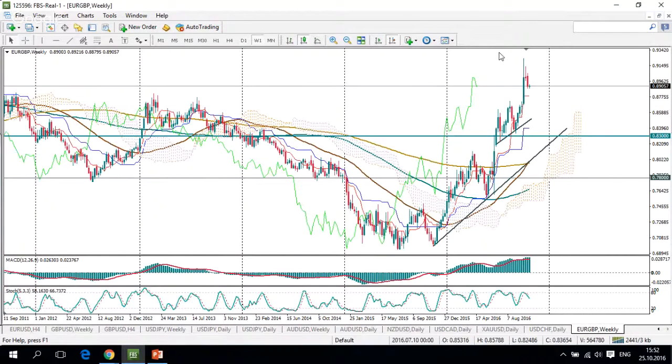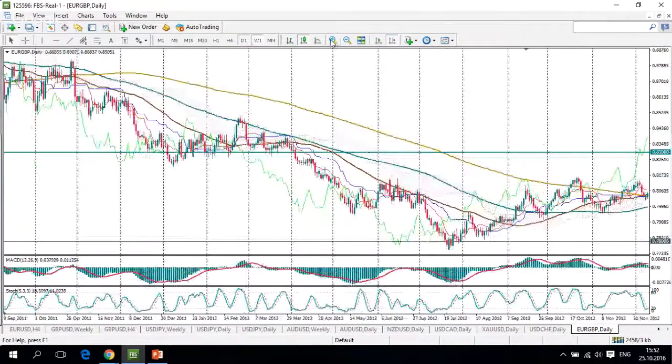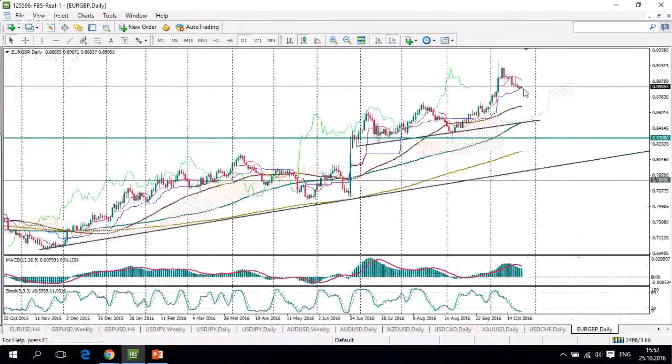One more pair we have is euro British pound. On the weekly chart, we can see a reversal pattern here. Probably this pattern is not very regular. The third candle didn't close very low, but still it reflects the inability of the euro to continue its rapid uptrend, and the necessity of some correction to the downside for this pair.